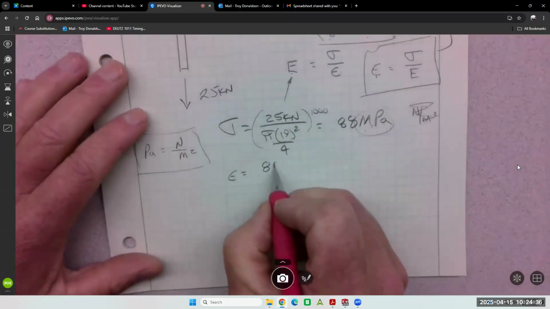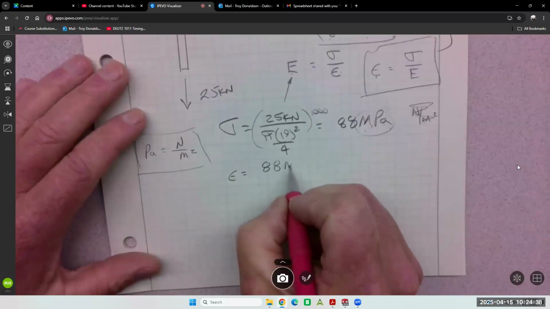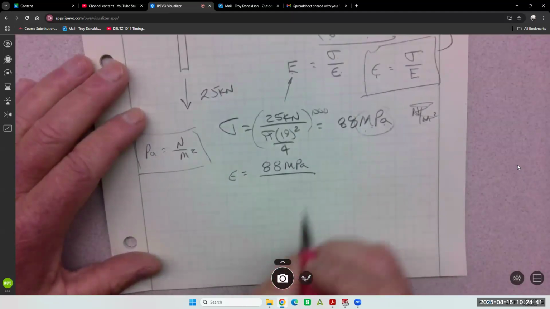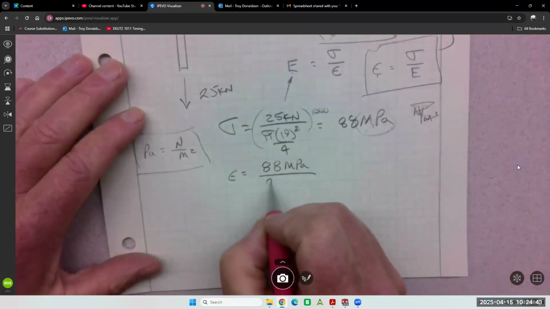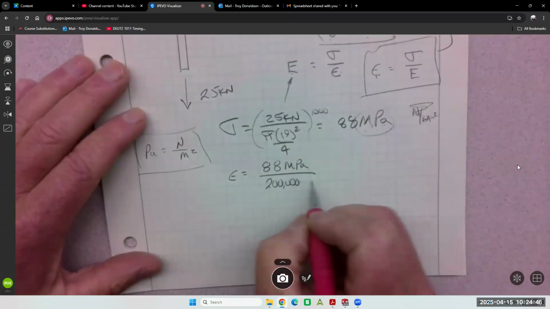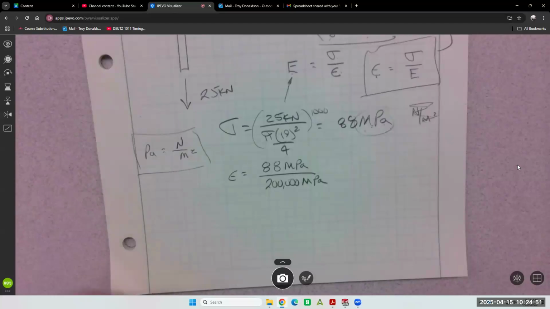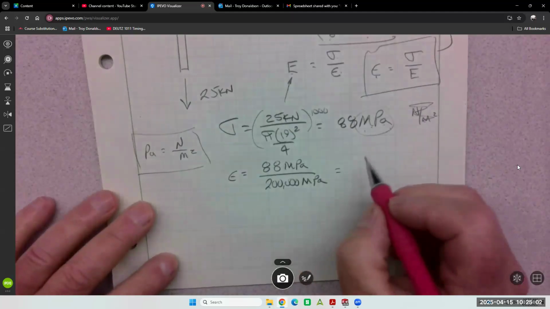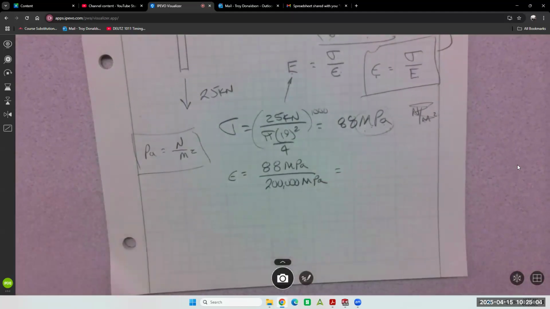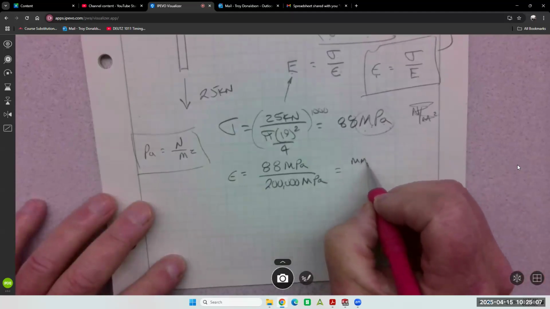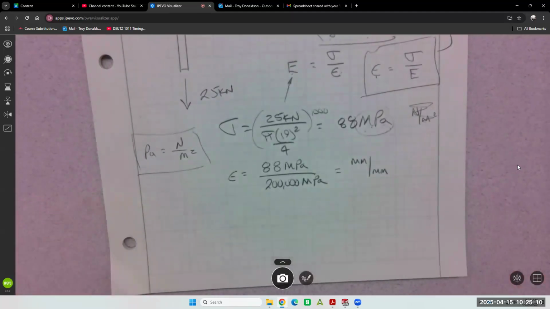So we got 88 megapascals, and we divide by our 200,000 megapascals. And then I'm going to write it because it's really unitless, right? It is unitless. I'm going to write it millimeters per millimeter. But it's a pretty small number, I'm guessing.